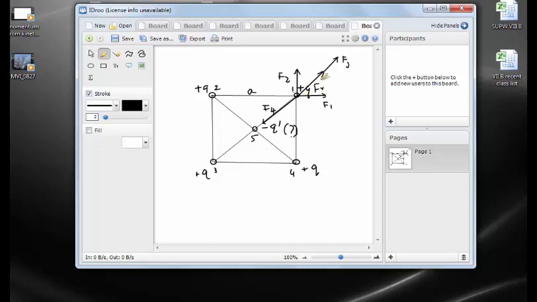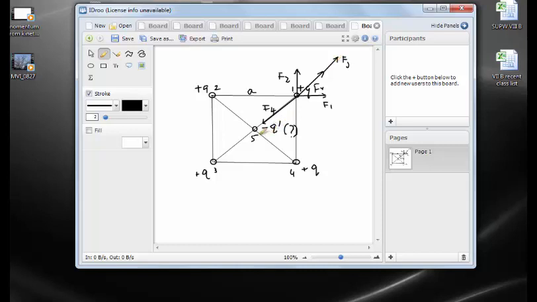In addition to that, there would be a force due to Q3 along this diagonal, which I have named F3. So the total of all these three forces will be along this line.